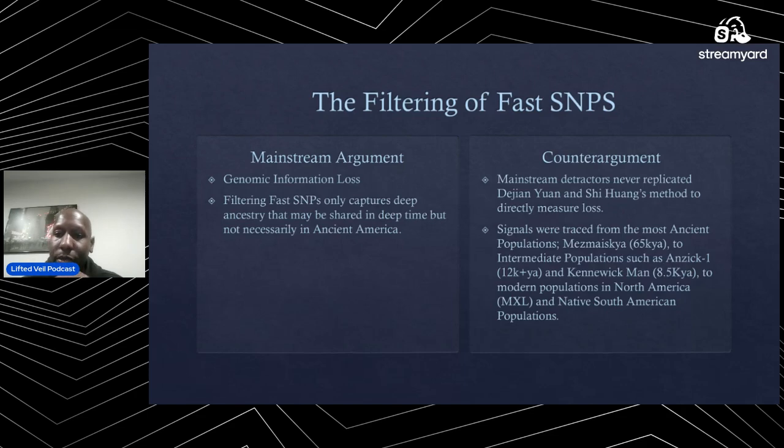This sample or specimen was found in ancient Russia. To intermediate populations such as Anzac 1 and Kennewick Man, I believe I got those ages right. To modern populations in North America, like the Mexicans in the Mexican Los Angeles population, that I'm going to go into detail about. All right.